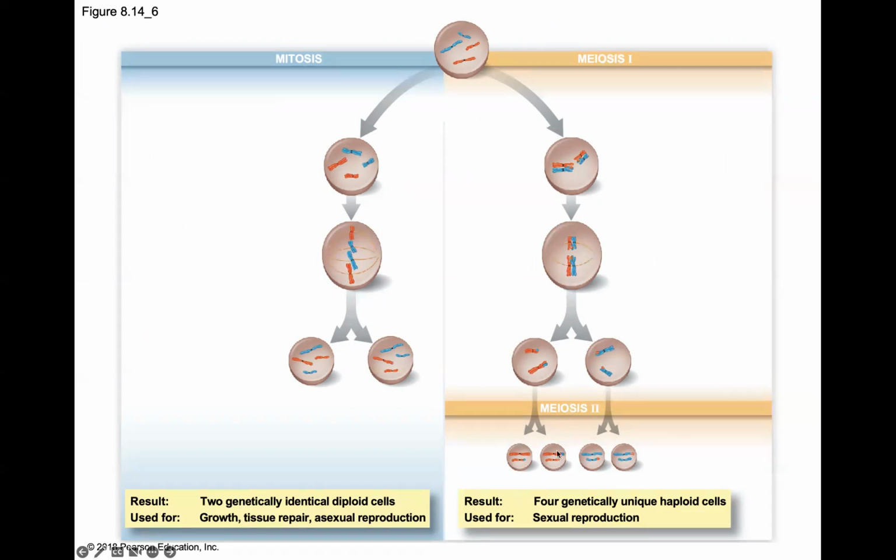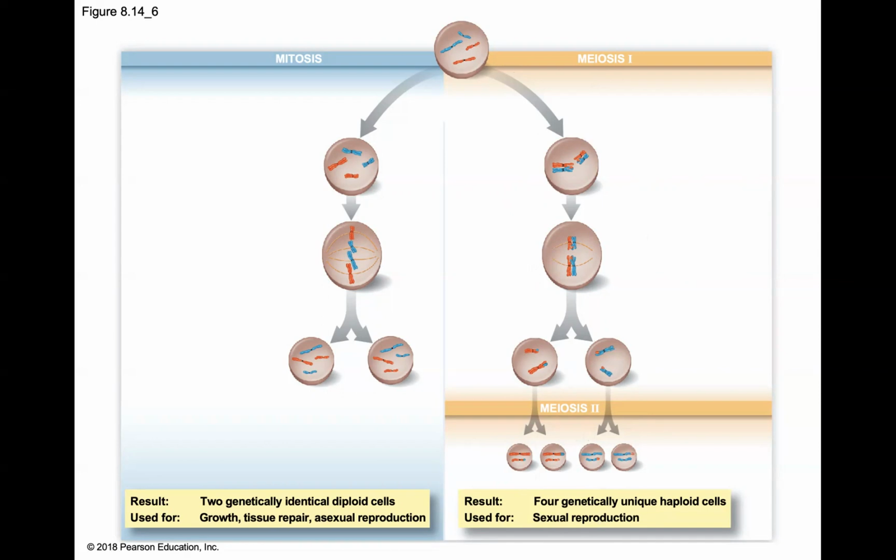However, meiosis, completely different purpose, right? The sole purpose of meiosis is sexual reproduction. So the generation of gametes happens during meiosis 1, meiosis 2. So we've got 2 rounds of cell division that are going to lead to the creation of 4 genetically distinct haploid daughter cells.